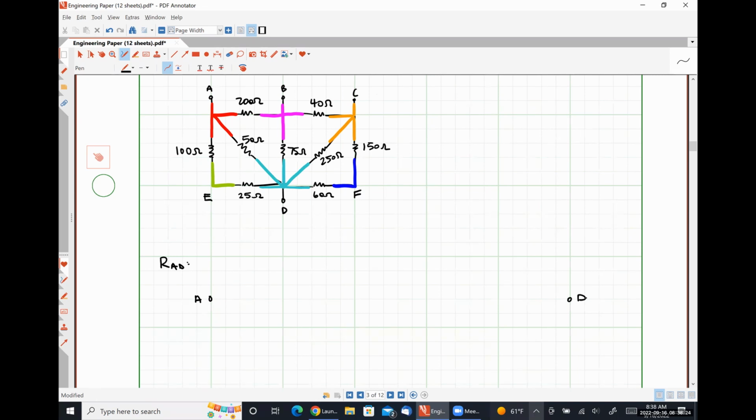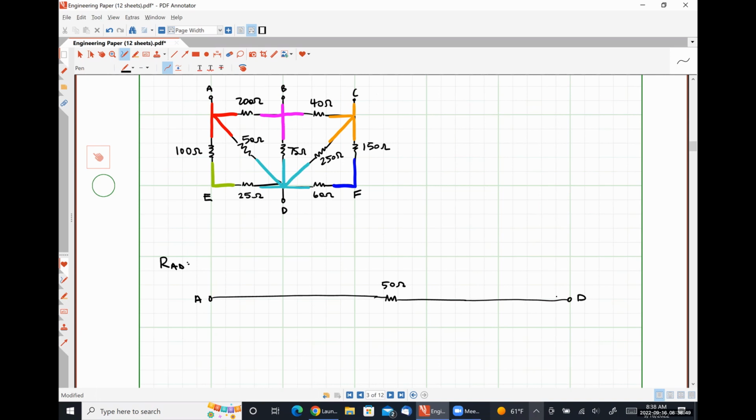There is a direct path between nodes A and D containing the 50 ohm resistor. Okay. So we're going to draw that one first. So I'm going to slap my 50 ohm resistor here in the middle of the paper and connect A to D.